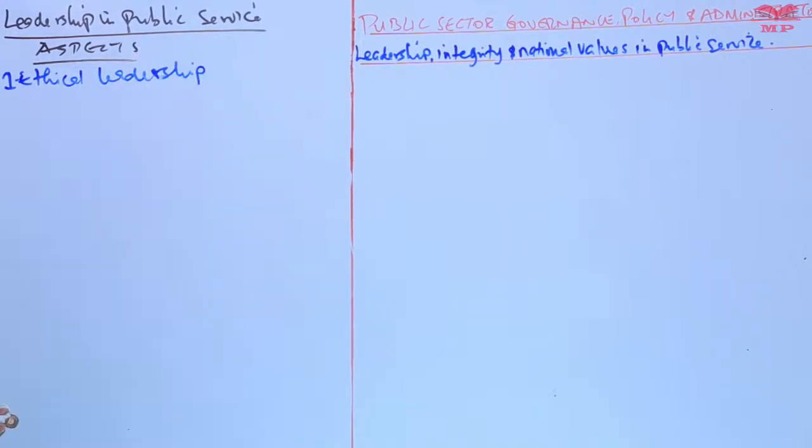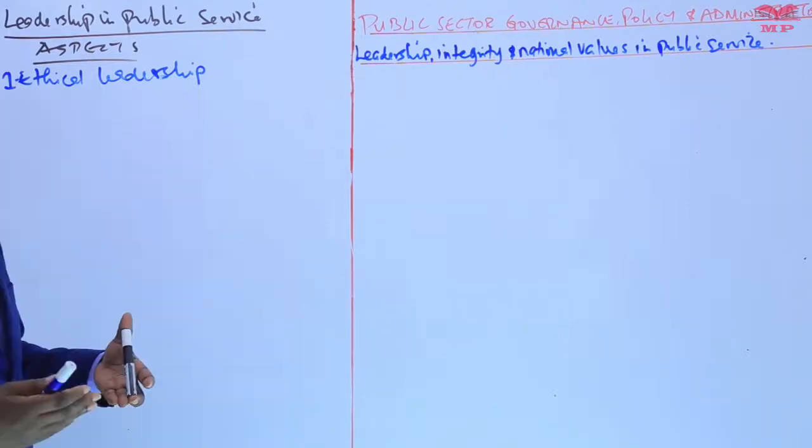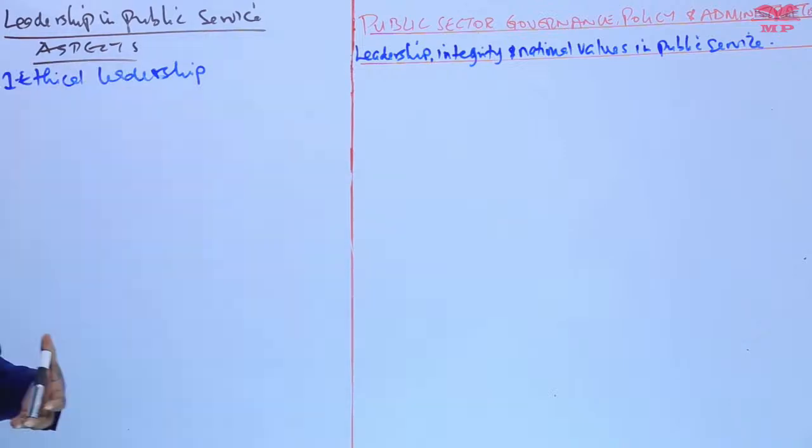Ethical leadership. Now, ethical conduct is a cornerstone of effective public service leadership, and leaders are expected to uphold high standards of integrity, transparency, and accountability in their decision making and actions.